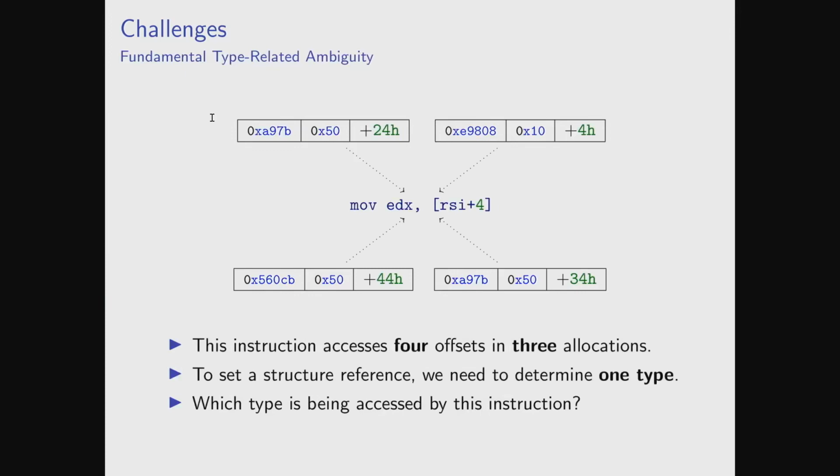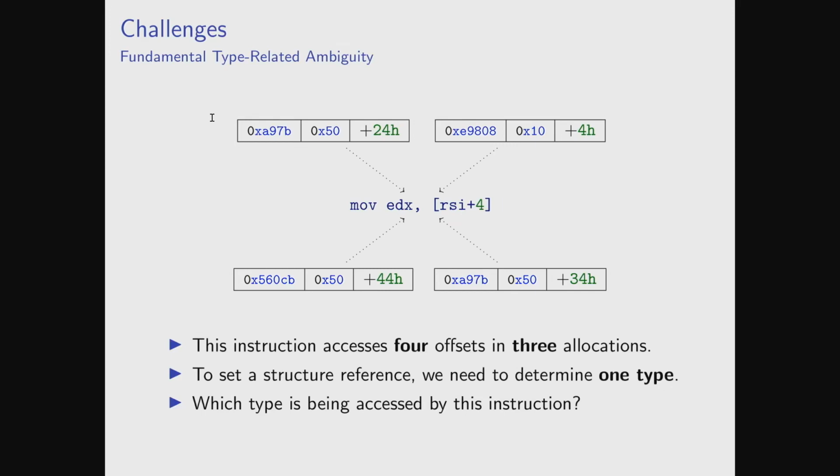And a fundamental issue really is that once I've recovered my structures and I go to apply this type information in the database, basically I need to assign one unique type at every location in the database. So that presents ambiguities when one instruction is observed accessing multiple allocations.